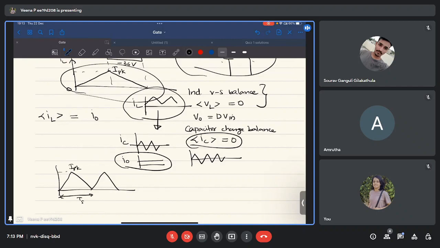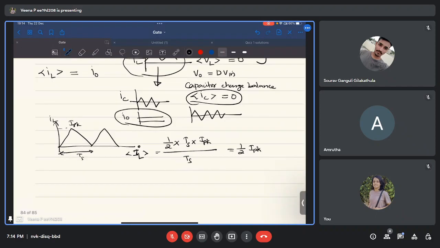Applying the area under the triangle, the area under this curve is half, base is Ts, height is I peak, the whole divided by the base. This will give you the average value. So the average value of this inductor current is half times I peak.